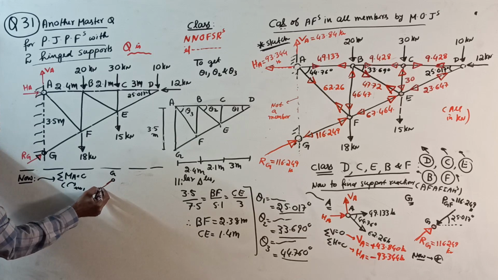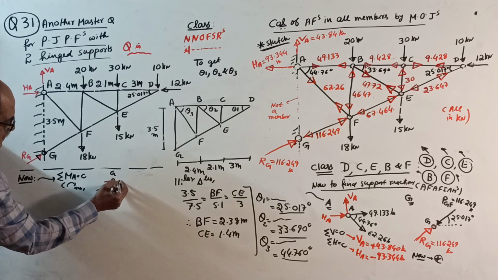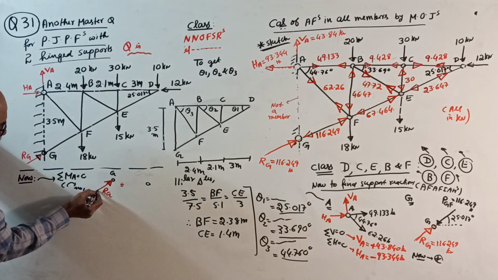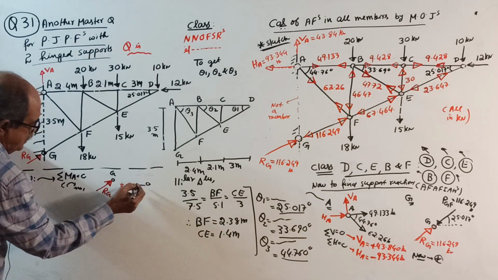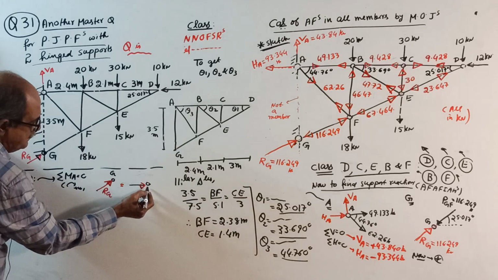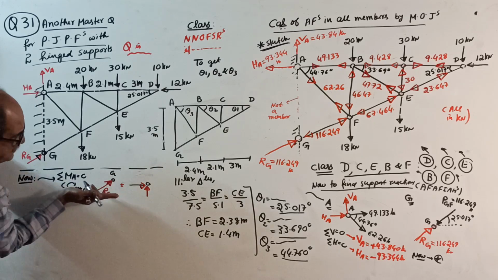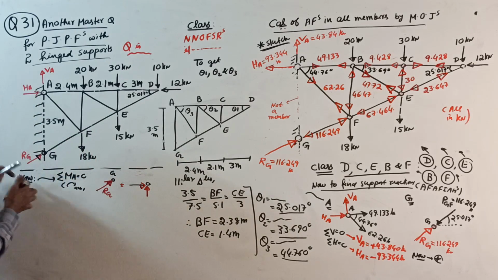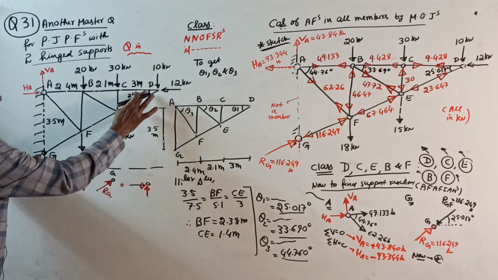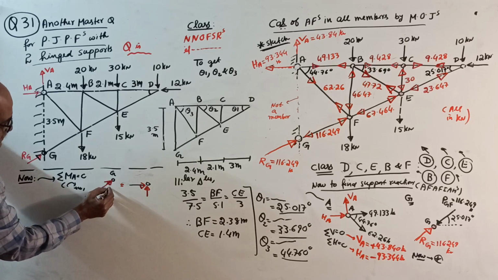Resolve it into a horizontal component this way and a vertical component like this. When it is this way, the angle with the horizontal is known, 25.017 degrees. So don't write there. You write here now. This is RG.